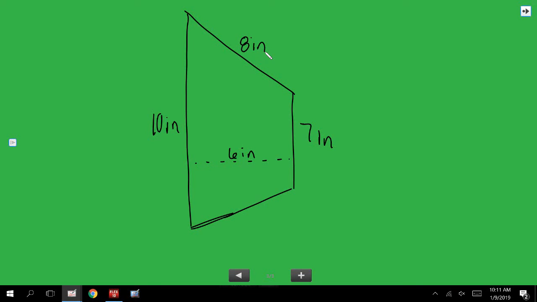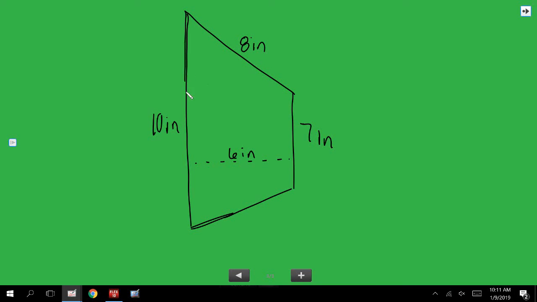Which of those two numbers would be my bases? Which would be my bases, Gabe? 10 and what's my other base? 6. What are my two bases going to be here? Aiden? 10 and 7.